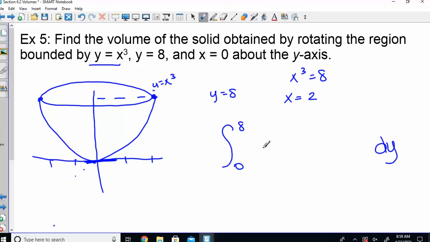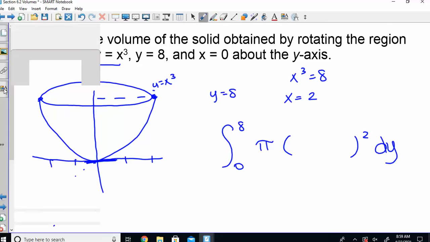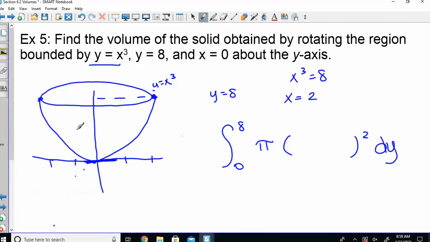Then we have to do pi times the radius squared, because if I'm looking at this, a cross section, if I slice it horizontally, my cross section is just a circle. So area of a circle is pi r squared. So the radius of this circle would go from the axis out, and the equation for that is y equals x cubed.